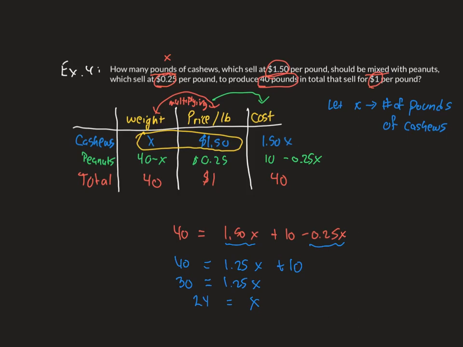So I need 24 pounds of cashews. So how many peanuts would I need? Well, 40 minus 24. What do you get? You'll get 16. So I need 16 pounds here, 24 pounds here, and you make yourself a final statement, and you are done.